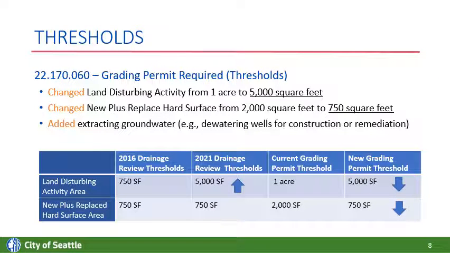So quickly, just want to go over some of the grading permit thresholds that have changed. We have updated the grading code as well, and some of the thresholds have changed. I do want to clarify before going over these thresholds that for a building permit that is including grading work, excavation, all of these thresholds under the construction permit, you don't need a separate grading permit.